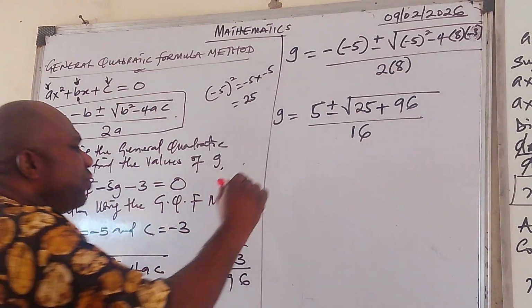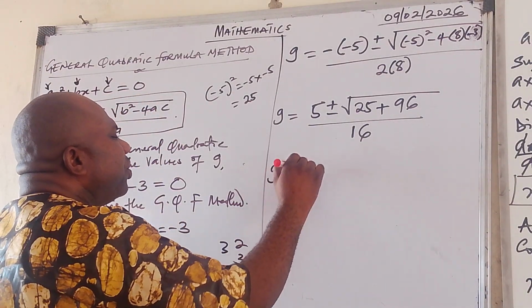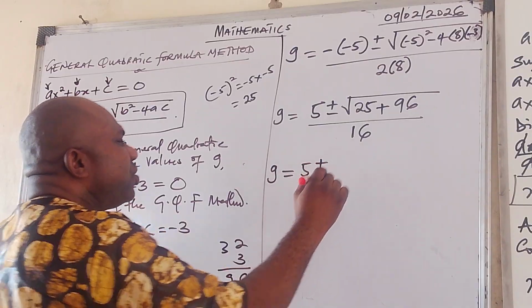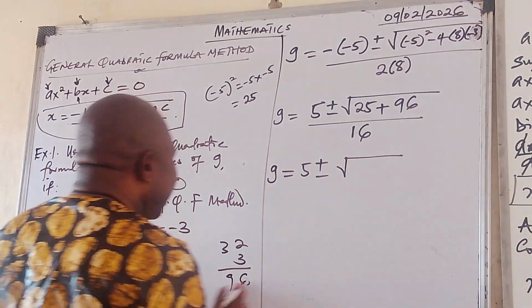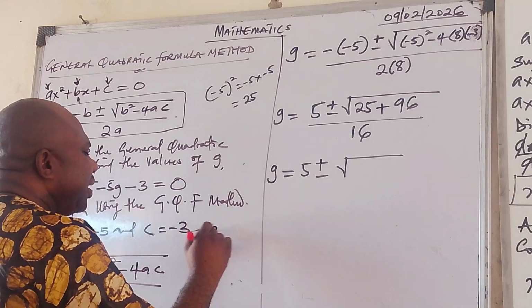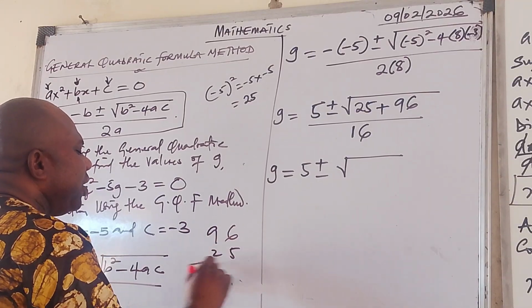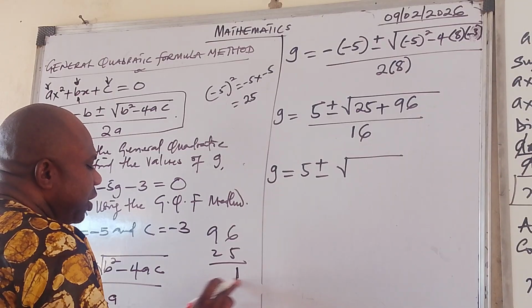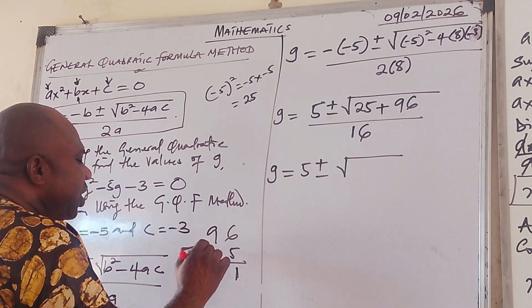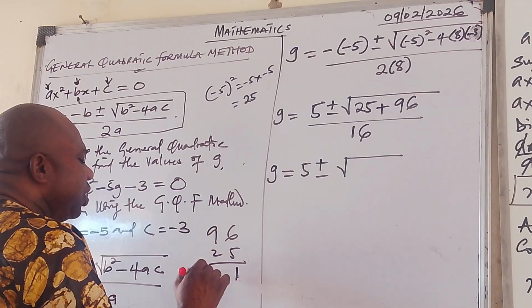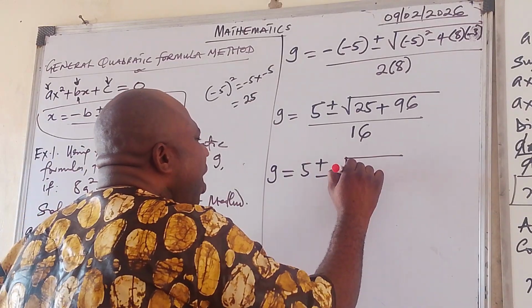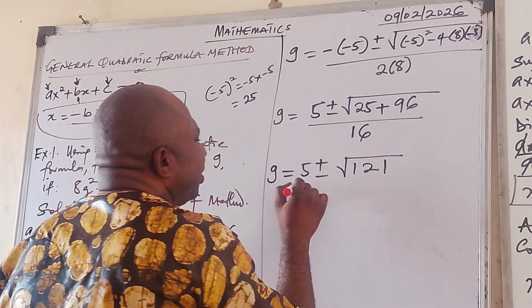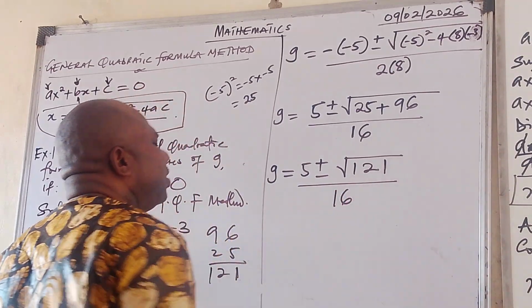So it means the value of g will be equal to 5 plus or minus the square root of, now, 96 plus 25. 6 plus 5 is 11. Pick one, you take one. Now if you bring it here, this is 1 plus 9 is 10, plus this, that's 12. So that will give us 121 divided by 16.